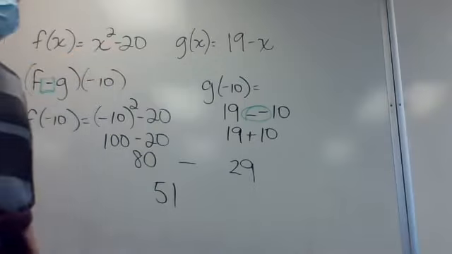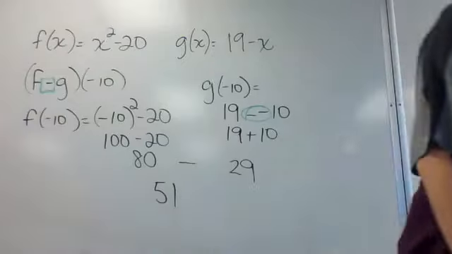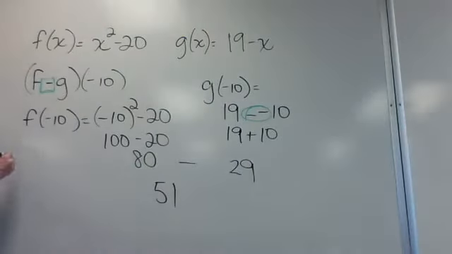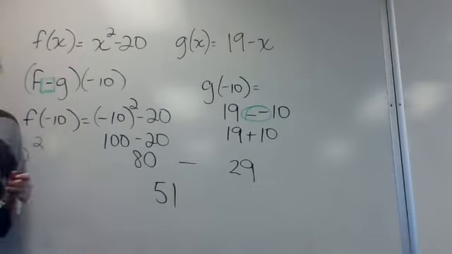If you don't put negative 10 in parentheses in your calculator and you just put this, what it's actually telling you to square is 10 and bring down the negative. So this is negative 100. But if you're squaring negative 10, which is what we're doing, you need parentheses around it.